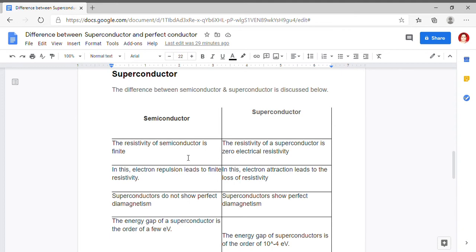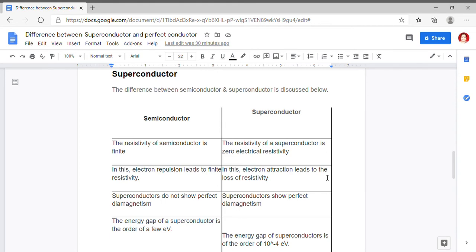Whereas we know that in superconductor, according to the BCS theory, when electrons attract and this attraction is more than the repulsion, then only superconductivity occurs.